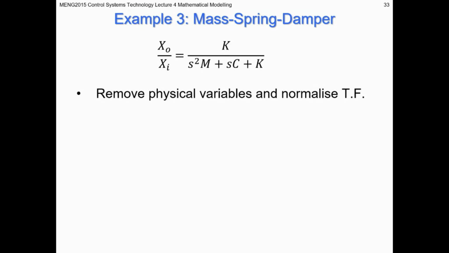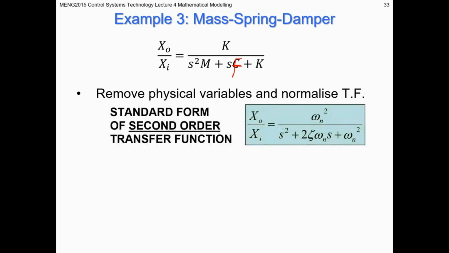Now the physical variables for this system are our gain, our spring constant K, our damping constant, which we had as F just now, it magically changed to C, but C above was F, and M is the mass of the system. How do we remove these physical variables and normalize?